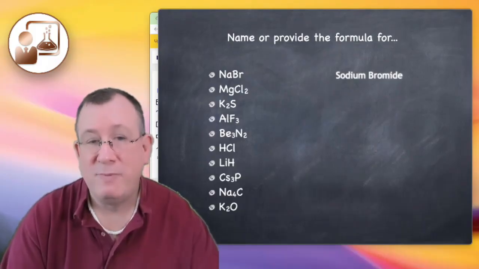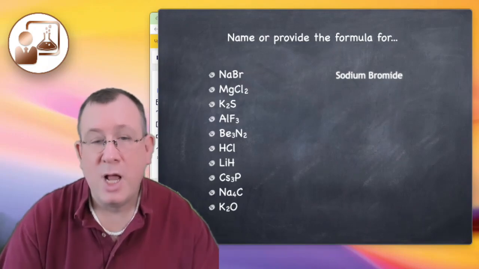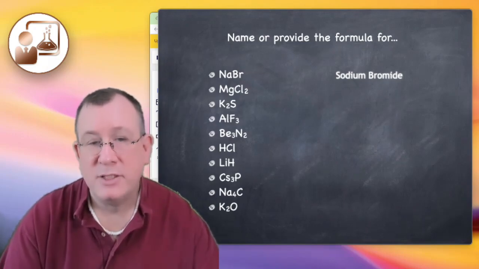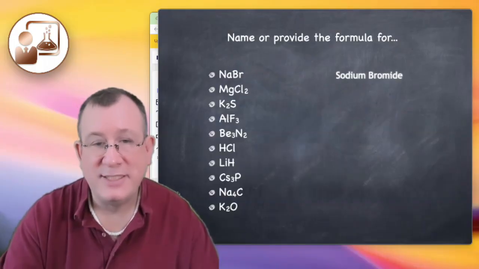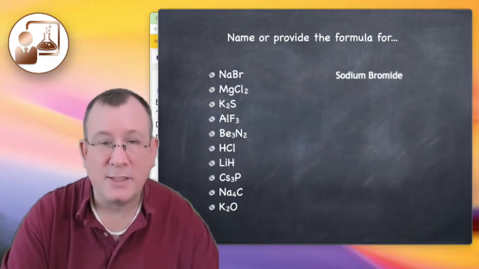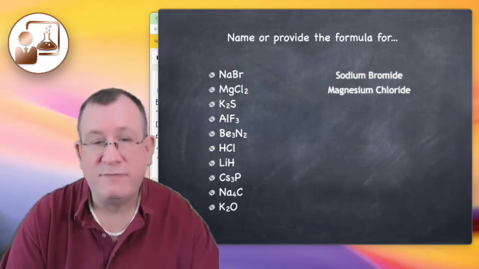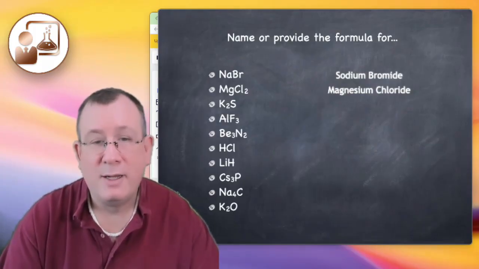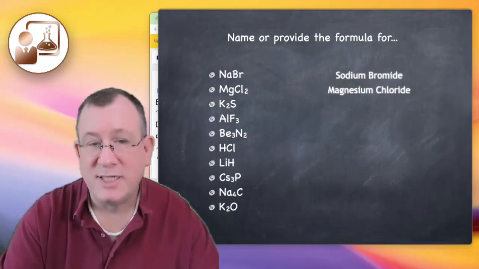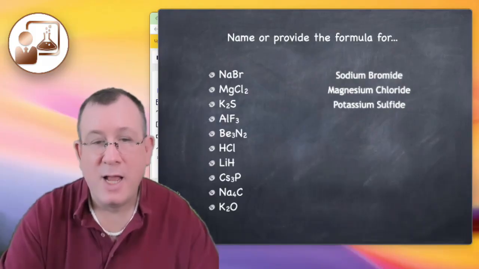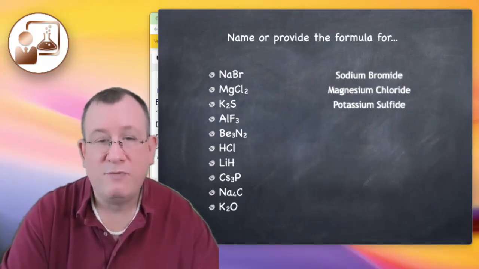Magnesium is going to be the cation, goes first, it's the metal, magnesium ion, and the chlorine forms chloride ion. So when I snap that together, that's magnesium chloride. Next one would be potassium and sulfur forming potassium sulfide. Aluminum and fluorine coming together to form aluminum fluoride.